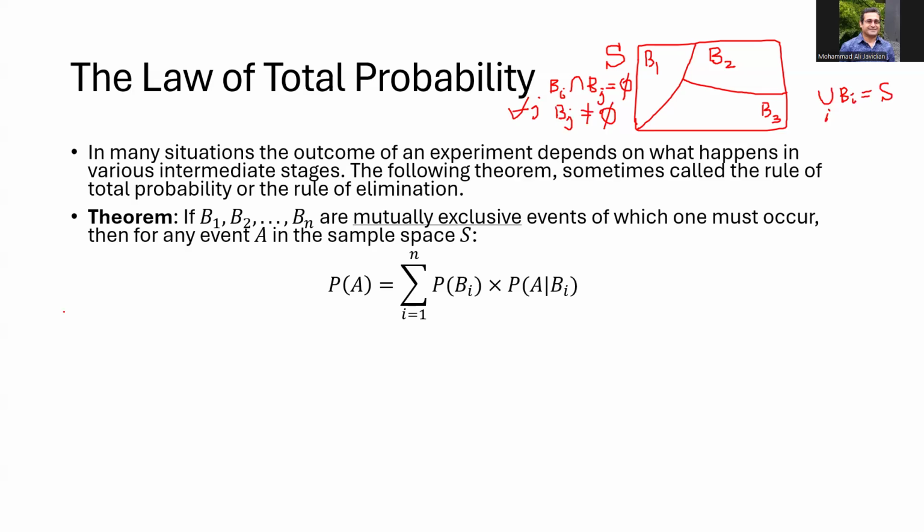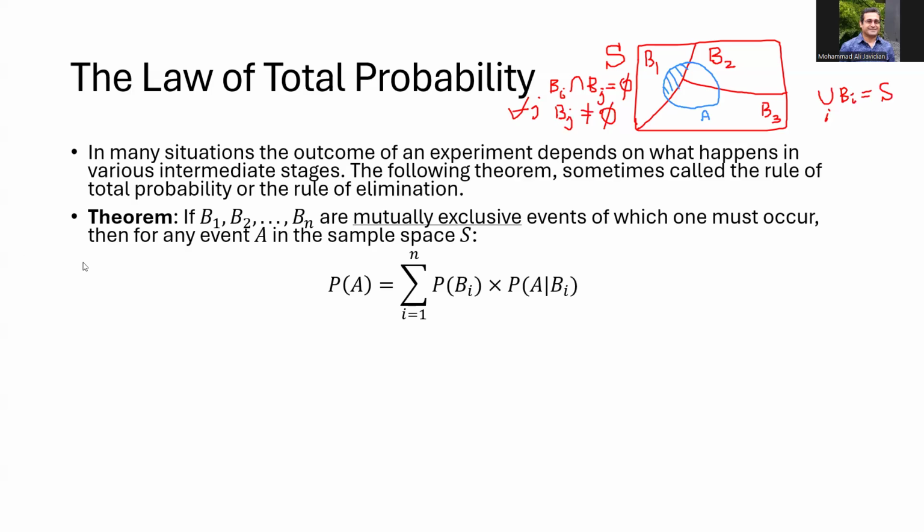So assume that I'm going to compute the probability of an event like A. And as you can see, the event A, part of it happened in subspace B1.